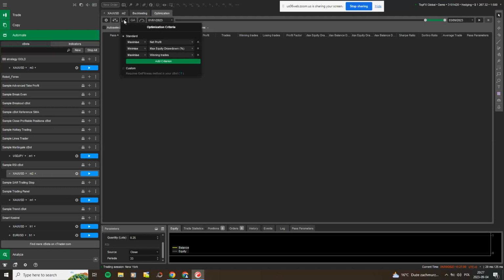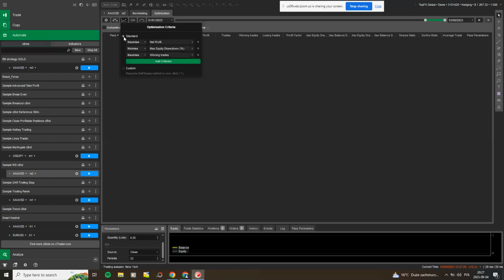Let's click on another window. As I said, we need to find certain parameters here to optimize this bot. The standard parameters are maximize net profit, minimize equity drawdown, maximize winning trades. We can do custom criteria, but that needs us to input some kind of code into our system, so we don't want to do this.